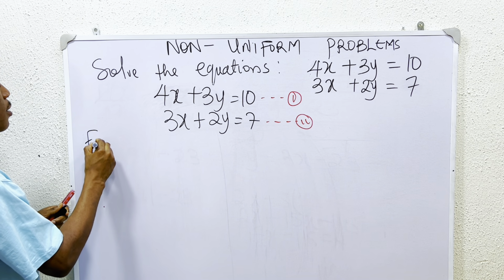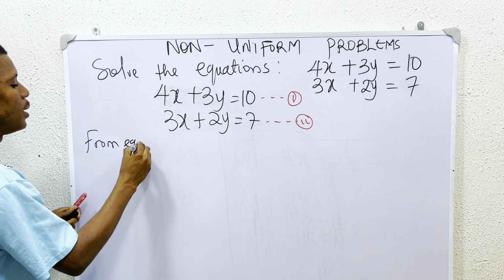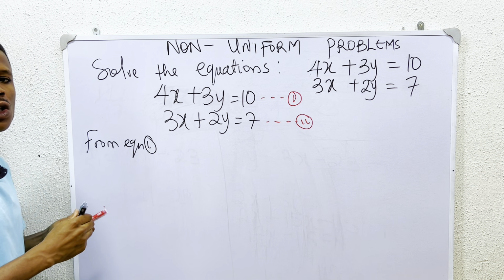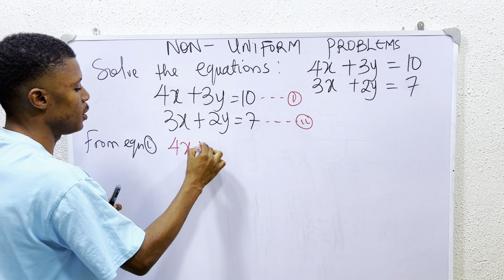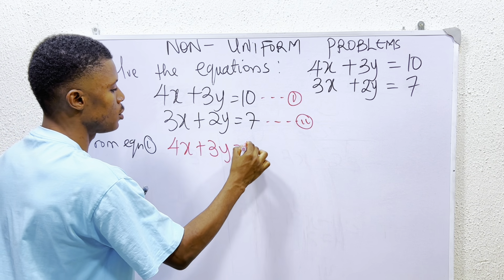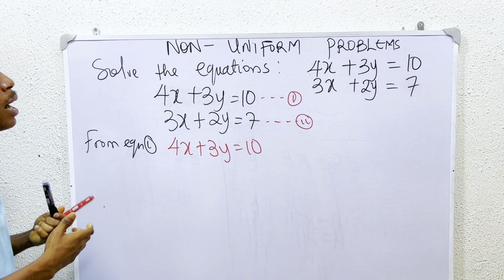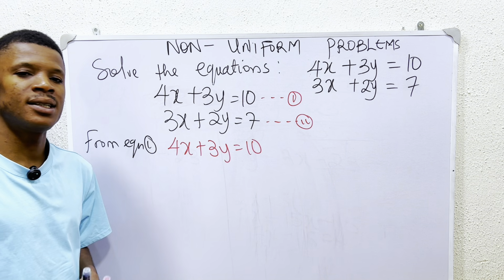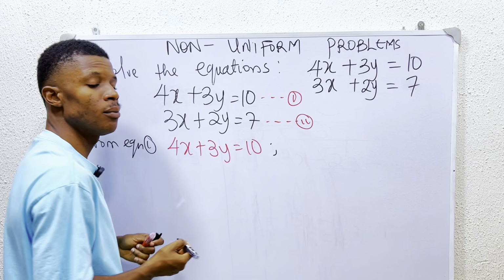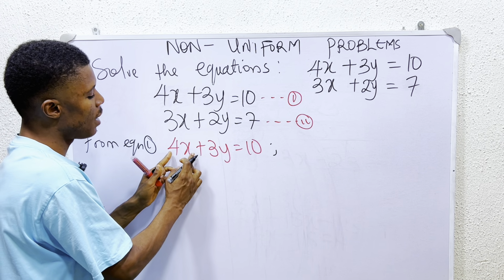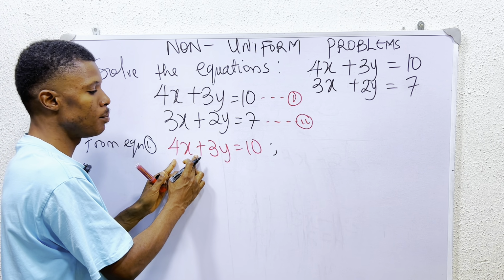So I can say from equation 1, what do I have? Equation 1 says that 4x plus 3y is equal to 10. So I'll decide to make y the subject of the formula. I have to subtract 4x from both sides.